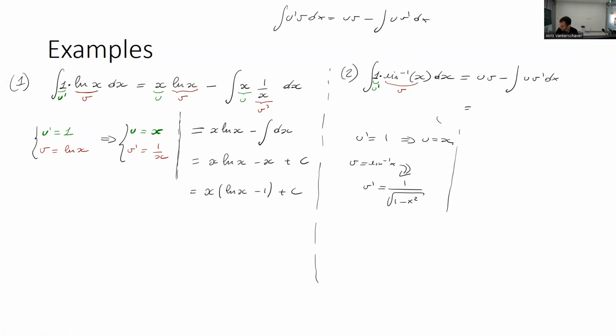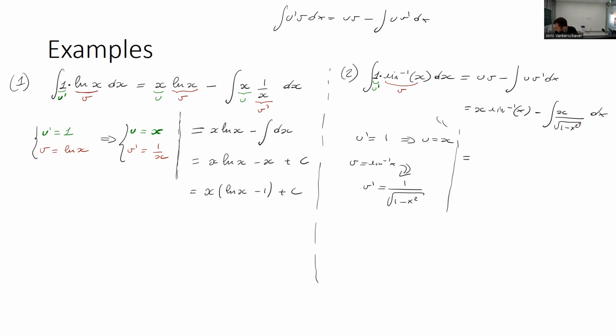So using what we've just obtained, x times sine inverse of x minus, and now x times v prime, so x divided by the square root of 1 minus x squared dx. And now we have this integral to solve, and here we can use a substitution.